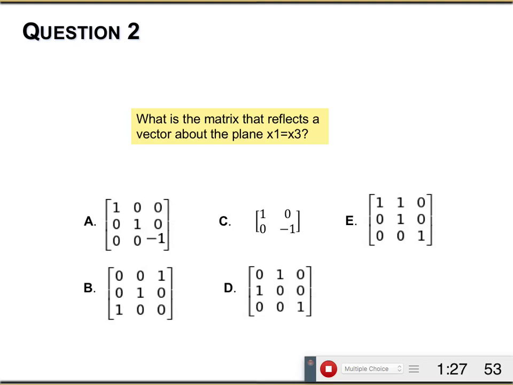For those of you who think you have an answer, because there's still some people computing, how do you check your answer? Yes, you can plug in some numbers and see what happens to them. So, okay, we'll give you another 20 seconds.